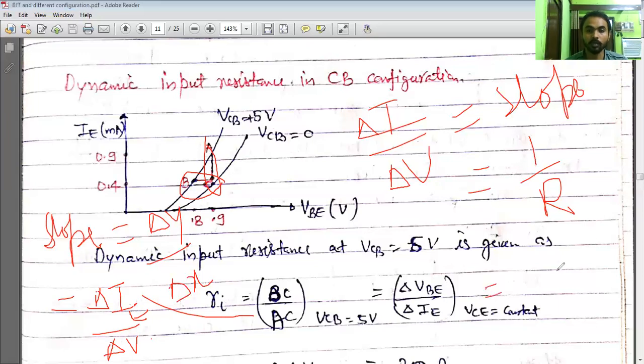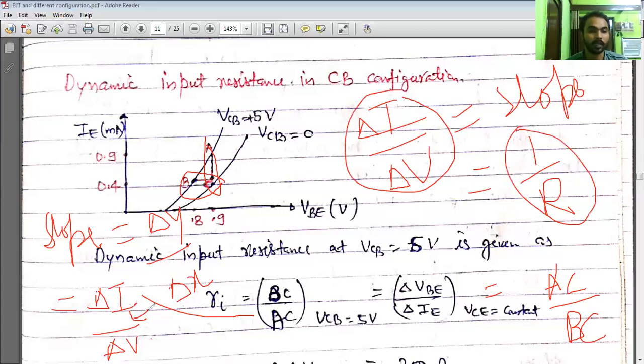So this is similar to AC by BC. But remember, del I by del V was equal to 1 by R. It means del IE by del V, that is AC by BC, will be equal to 1 by R. So R will be equal to BC by AC, and that is what is written here.